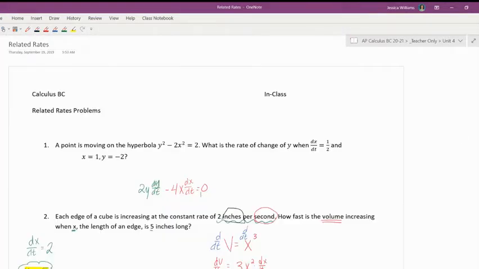So if I plug in what I know, I'm going to have 2 times negative 2 times dy/dt, which is the question, minus 4 times 1 times a half equals 0. And then it's a quick clean to say negative 4 dy/dt minus 2 is 0. Add the 2, divide by negative 4, and dy/dt is negative 1/2.